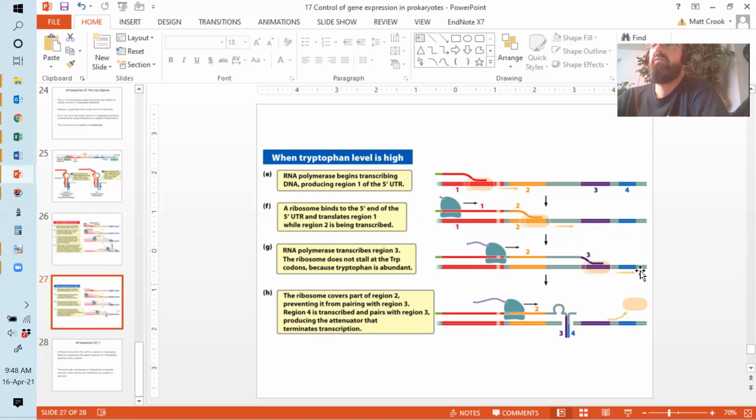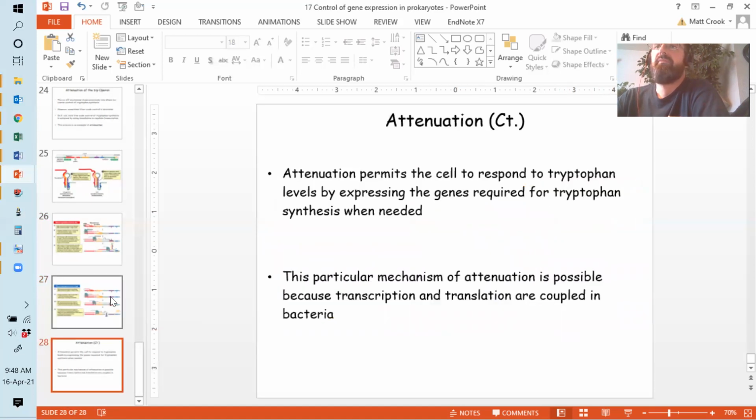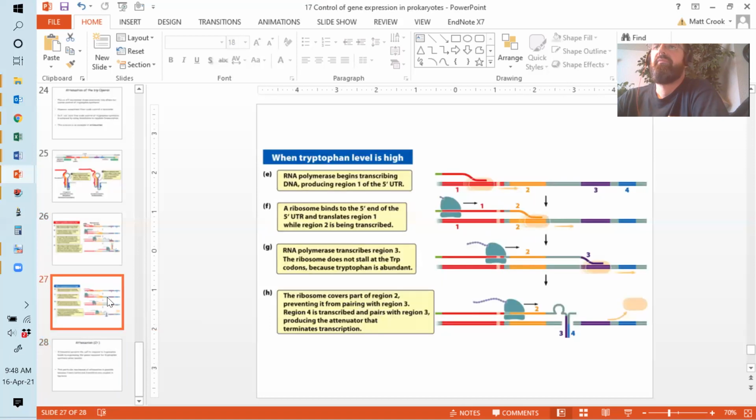And so the region 4, when it's produced, is able to form this 3-4 terminator loop, and that terminates transcription. And that's all because transcription and translation are coupled in prokaryotes. That's what allows this whole mechanism to work.